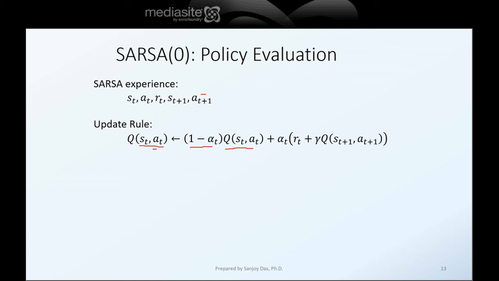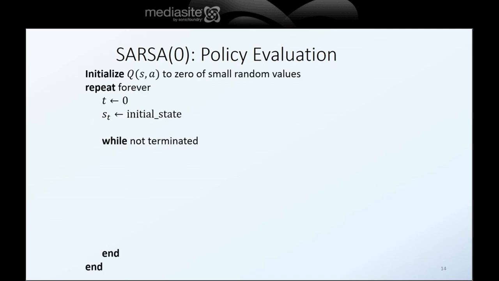So the new value is equal to 1 minus alpha t of the old value plus alpha t times the current reward signal plus discounted times Q of ST plus 1, AT plus 1, where AT plus 1 is the next action. And this is Sarsa 0. This is the Q value equivalent for policy evaluation.